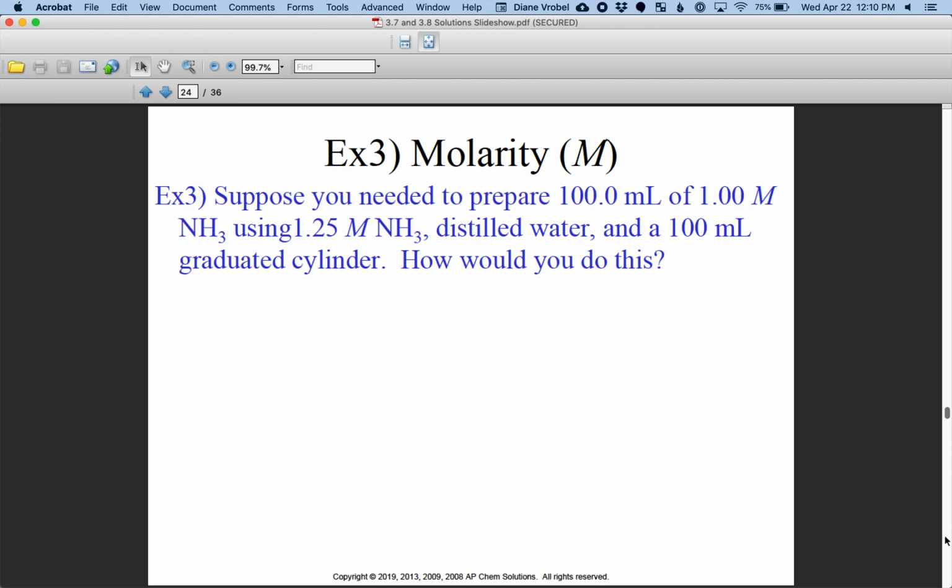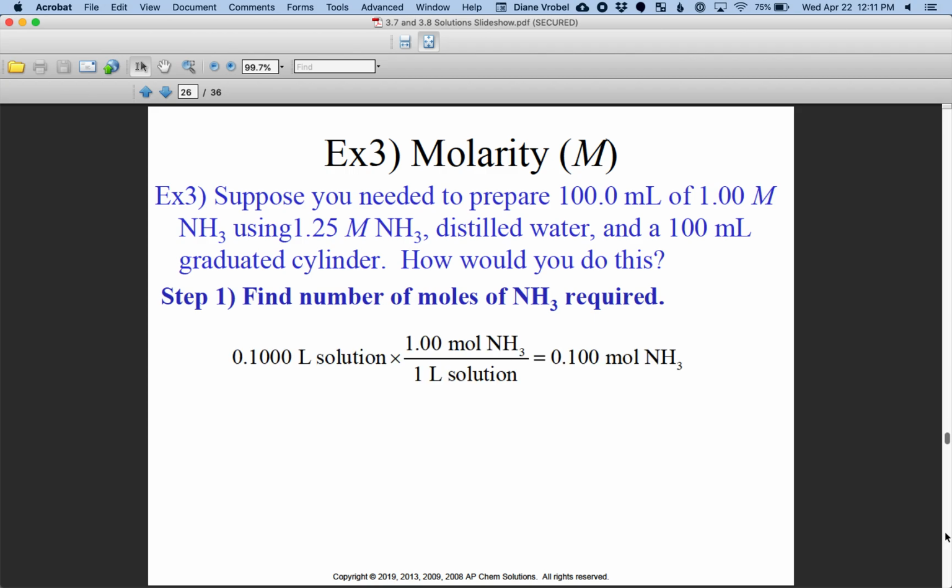Okay, so here they want you to describe how to prepare 100 milliliters of ammonia solution, and they have a concentrated solution. So don't be surprised if AP asks you to do this. It's really an important skill to have. The first thing you need to do is figure out the amount of moles. This would be using the dilution equation.